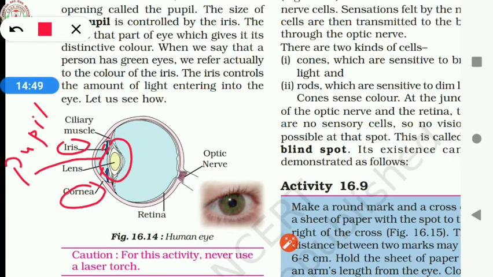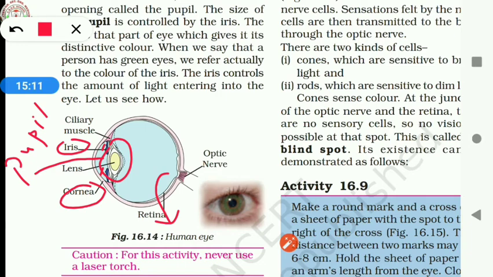The lens focuses light on the back of the eye, on a layer called the retina. So the function of our eye lens is to focus the image on the retina.